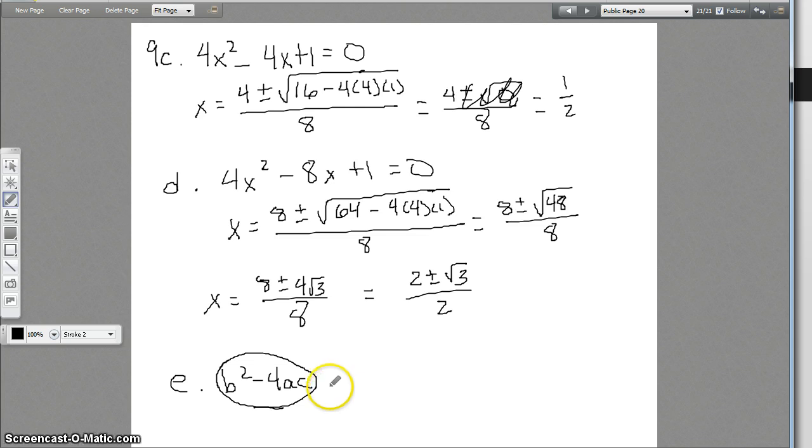In order for that to be rational, this has to be a square number. So if your discriminant is a square number, then you will actually have a rational solution. So that is the last problem. It is just like problem number 15 that was assigned as homework.